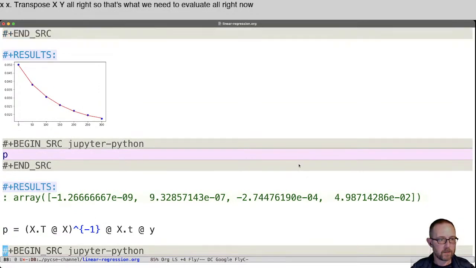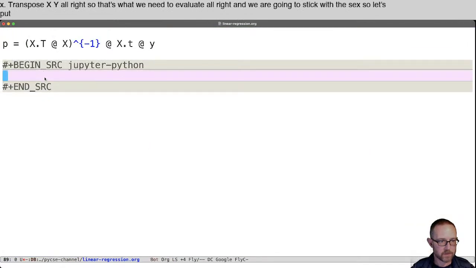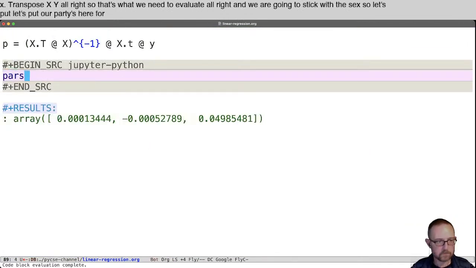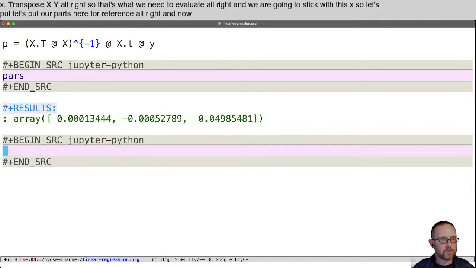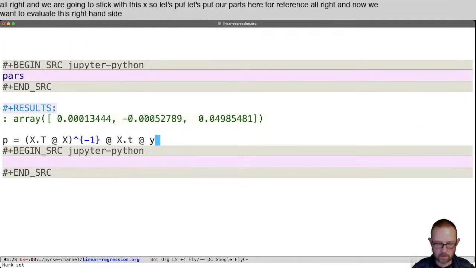And we are going to stick with this X, so let's put our pars here for reference. And now we want to evaluate this right-hand side over here.